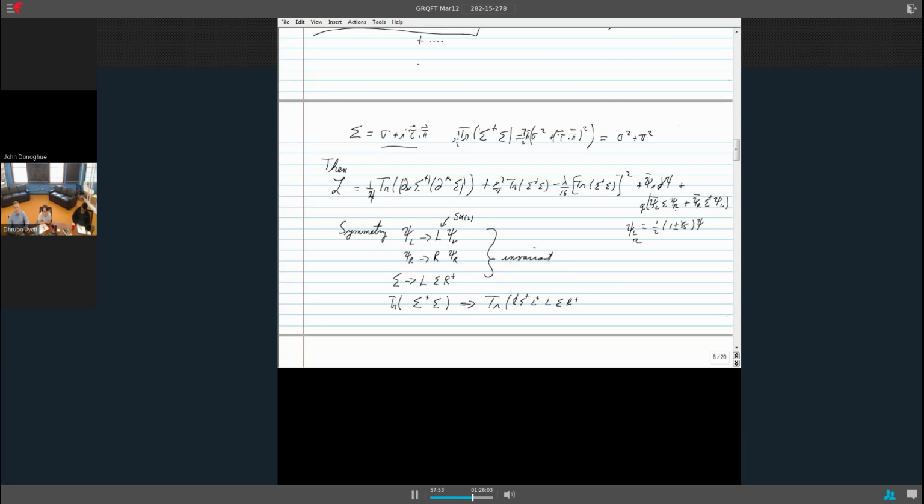Psi right goes to some right SU(2) matrix, R psi right. And we take Sigma goes to L Sigma R dagger. Then all these things are invariant.